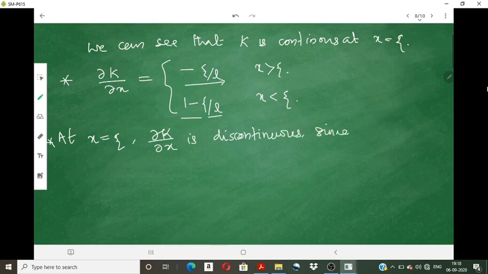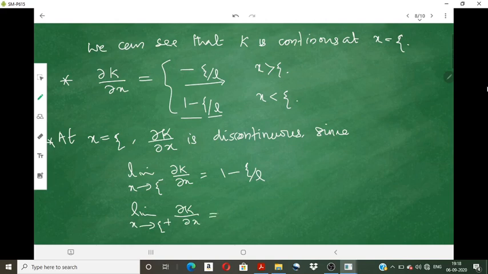Since limit x tends to theta minus, ∂k/∂x is what? ∂k/∂x is minus theta by L. Sorry, x tends to theta minus means when x is less than theta, that is 1 minus theta by L. And when we talk about the right hand limit, x tends to theta plus, ∂k/∂x is minus theta by L. Both are not equal.